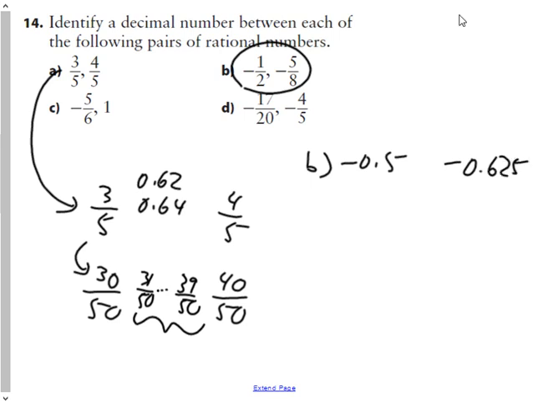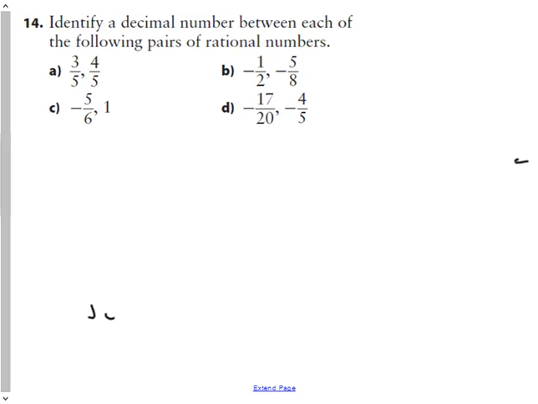So I immediately convert both fractions, and then I could find any decimal between there. One of the decimals that would fit between there would be -0.6, and that's another way to get a correct answer. But you could do -0.52, -0.59, -0.62 would be between there. All kinds of different decimals you could use.